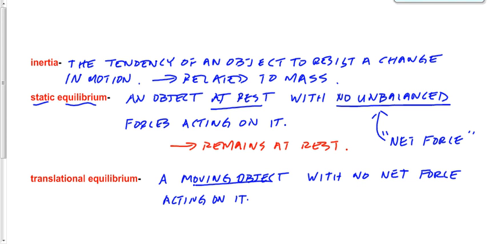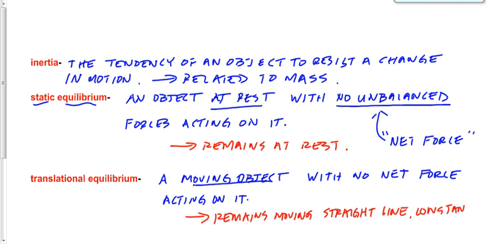We're going to say a moving object with no net force acting on it remains moving in a straight line at a constant speed. In other words, it keeps doing what it's doing.